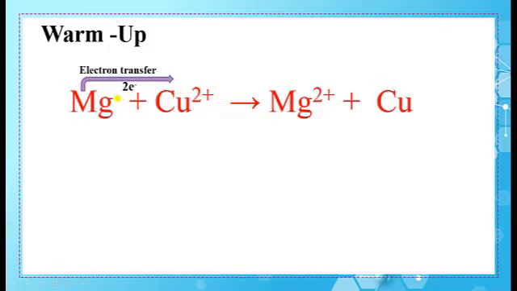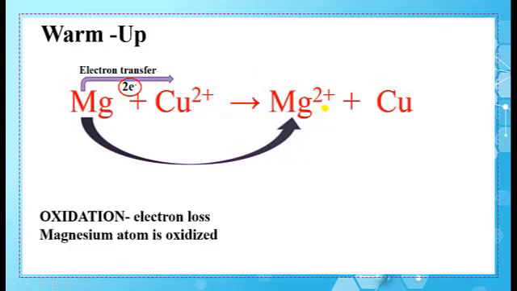Then we can say that Mg loses two electrons. When Mg loses these two electrons, it will form an Mg2+ ion. Since Mg loses two electrons, it undergoes oxidation, which is the electron loss.